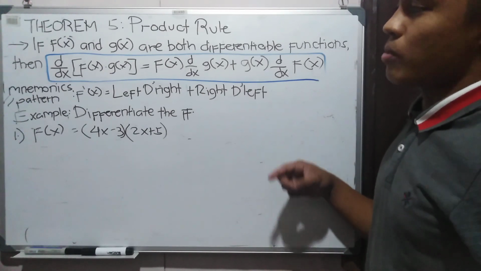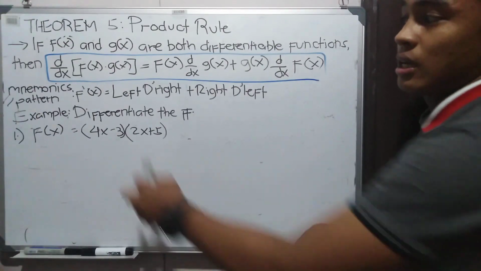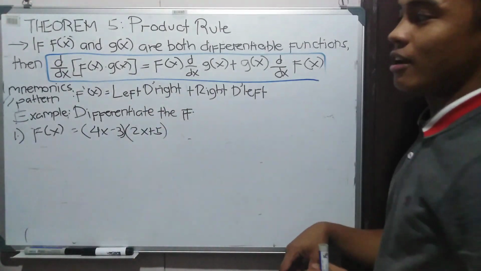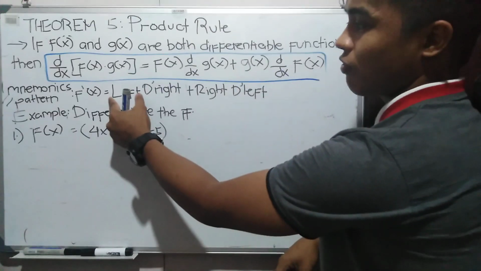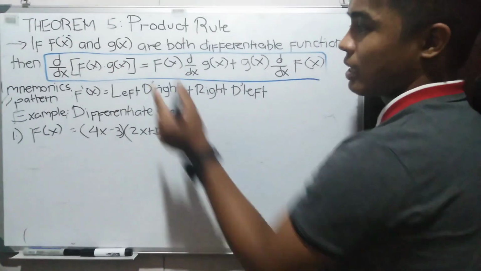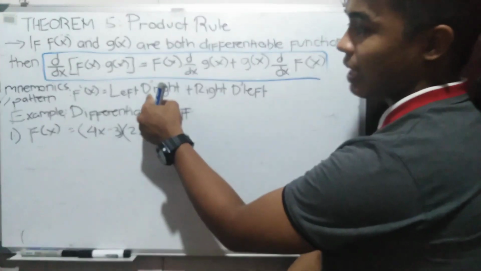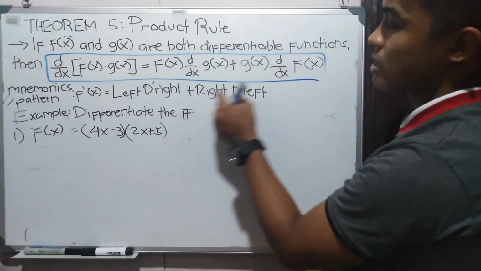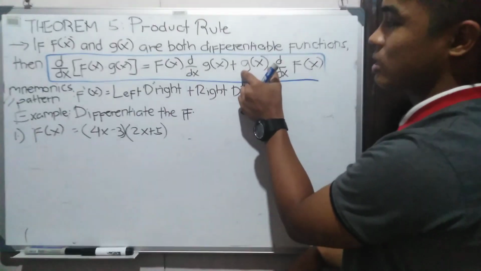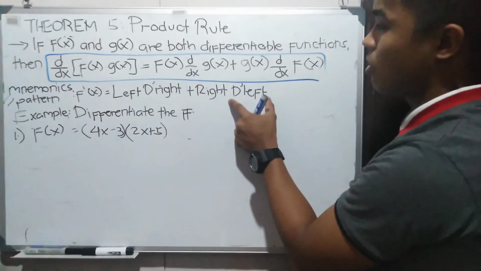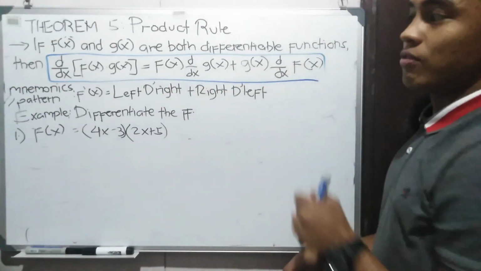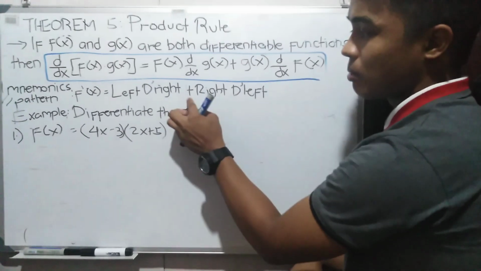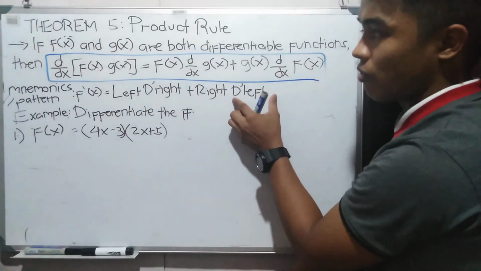So, again, we have the f prime of x is equal to left the right plus right the left. So, ano ibig sabihin nun? Yung left natin, multiplied natin kay the right, so that is the derivative of your g of x, plus right, so g of x times the left, which is the derivative of f of x. So again, left the right, left times the derivative of right, plus right times the derivative of left.